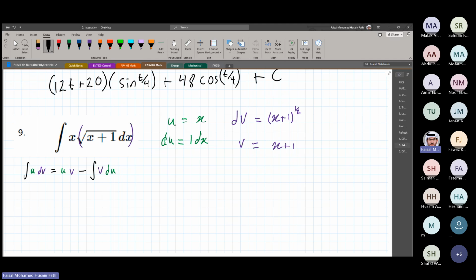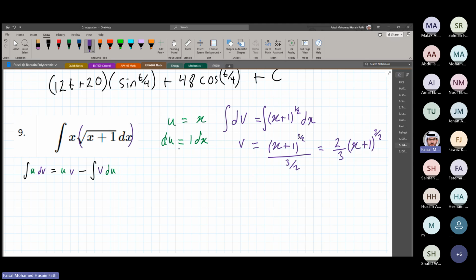But my recommendation is to do the substitution method if you are not 100% sure when integrating this. The shortcut is half plus 1, which is 3 over 2, then divide by 3 over 2. So in other words, this is 2 over 3 times x plus 1 to the power of 3 over 2. Do not do the shortcut I just did, do the full steps.